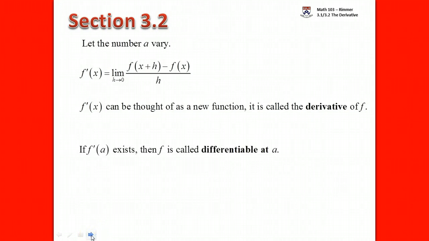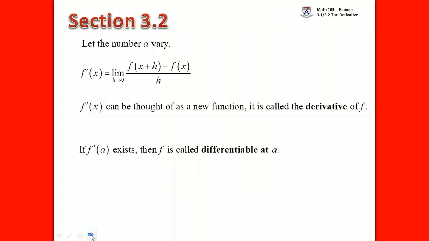Okay? This limit might not always exist, but when it does exist, then the function at that particular value of x is called differentiable. Just like we have continuity, the ability to say that a function is continuous, differentiability is the ability for a function to have a derivative that exists.